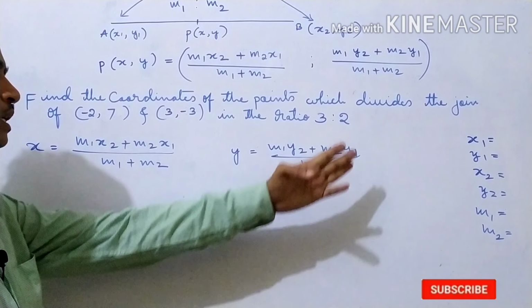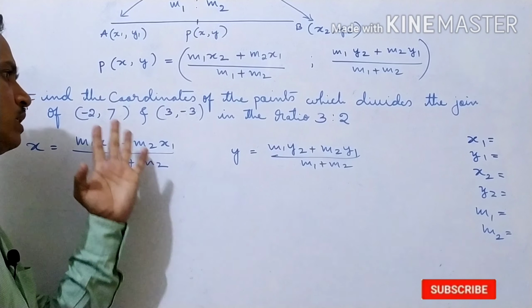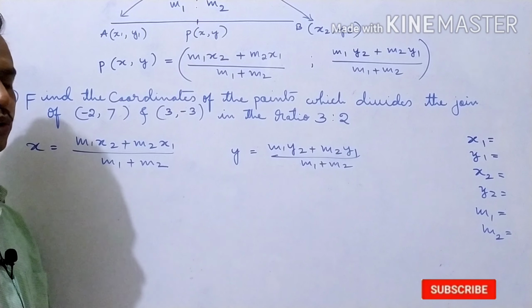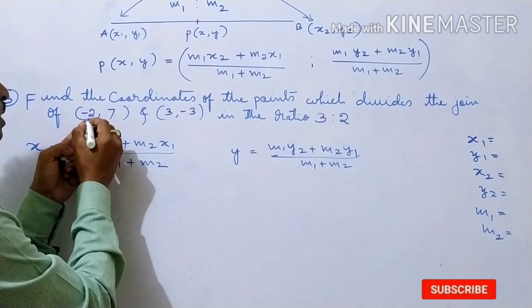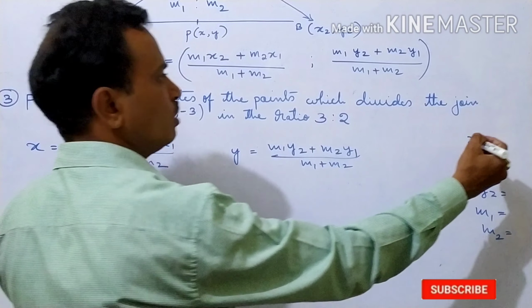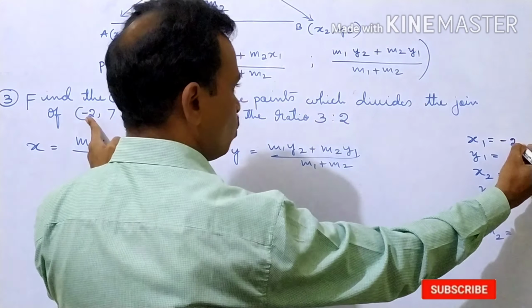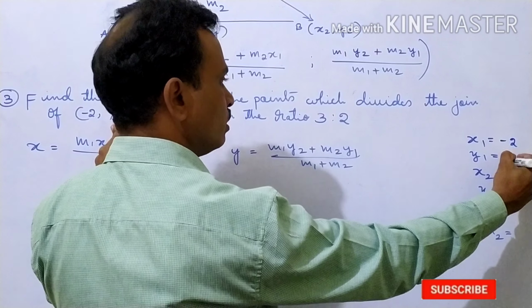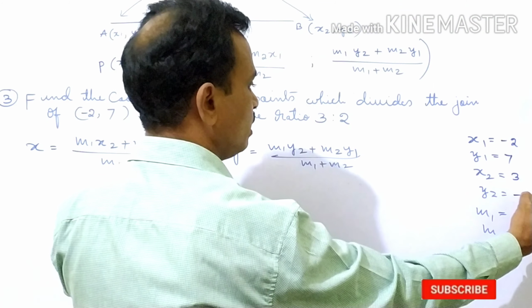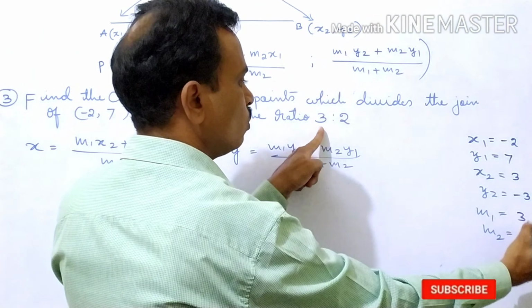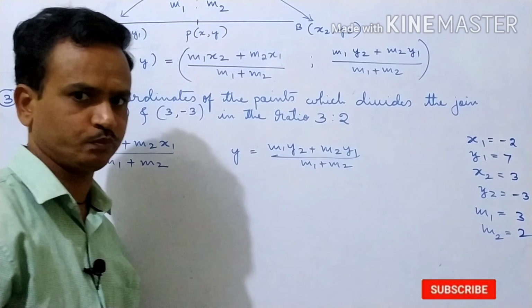So first you have to write in the rough column separately what x1, y1, x2, y2 and m1, m2 are. Now x1, what is here? Minus 2, so you should write x1 is -2, y1 is 7, x2 is 3, y2 is -3, m1 is 3, m2 is 2.